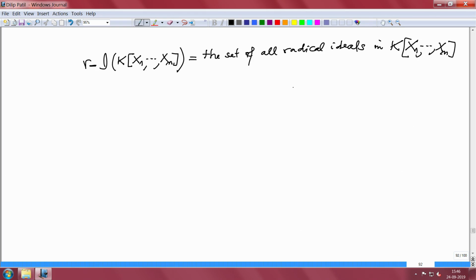In fact, it will contain all prime ideals, Spec of k[x1, ..., xn], so there are many elements. In particular it will also contain Spm, the maximal spectrum.